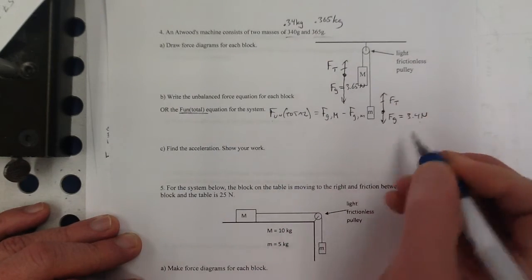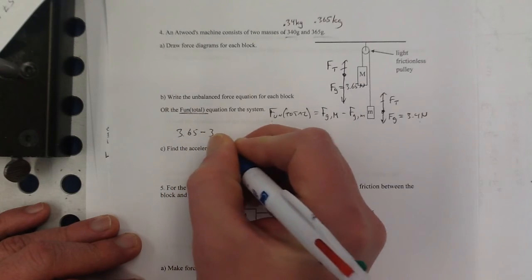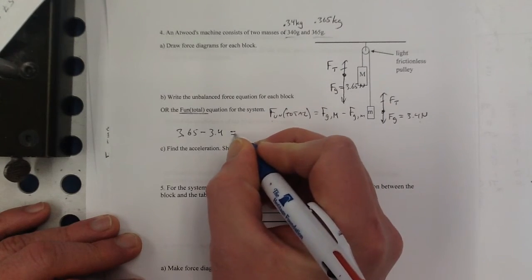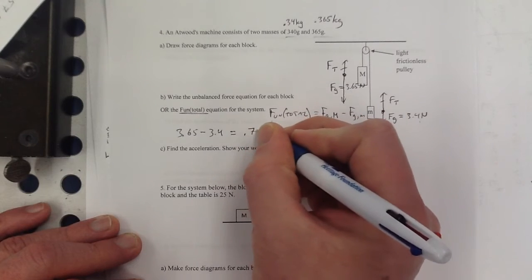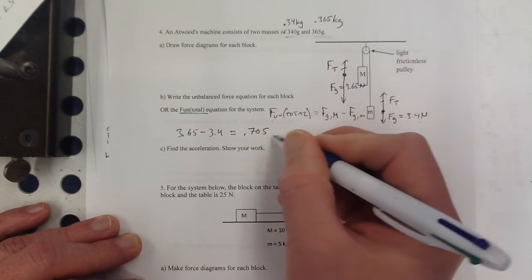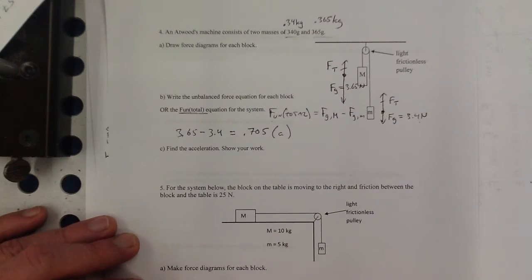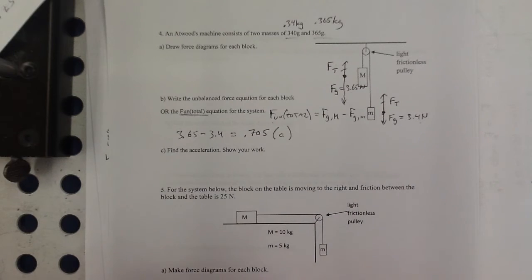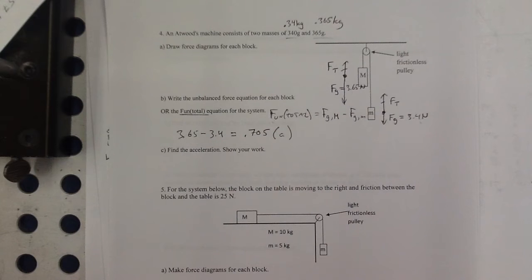So that means my 3.65 minus 3.4, that's my total unbalanced force, is equal to total mass, which is 0.705 kilograms, times the acceleration. You could say total acceleration. That wouldn't really be wrong to say that. But the acceleration is the same for both of these, right? Because they're attached by a string.